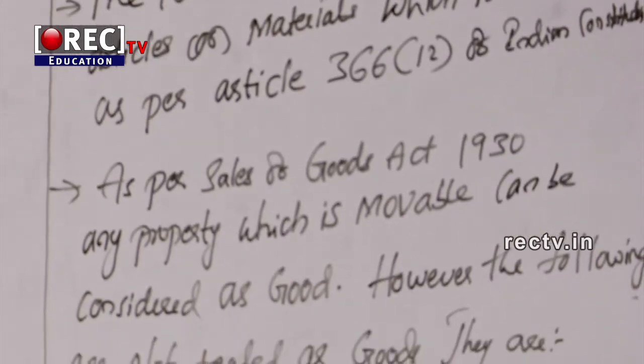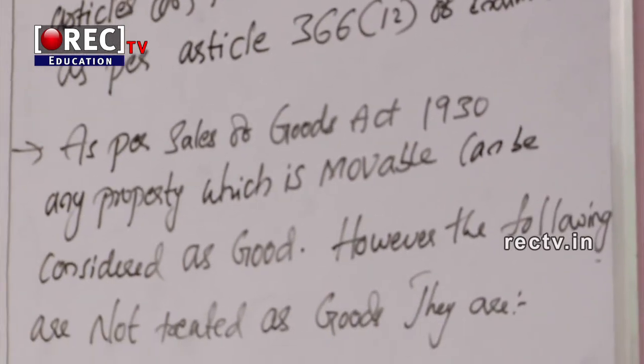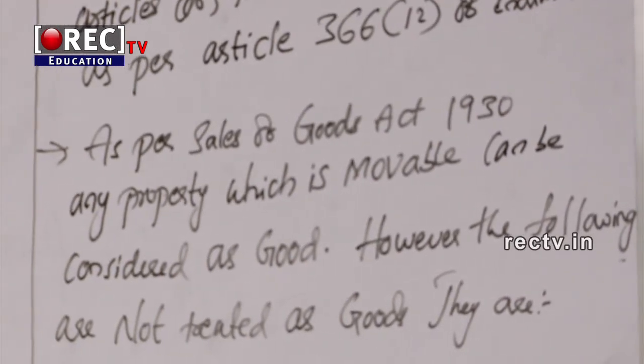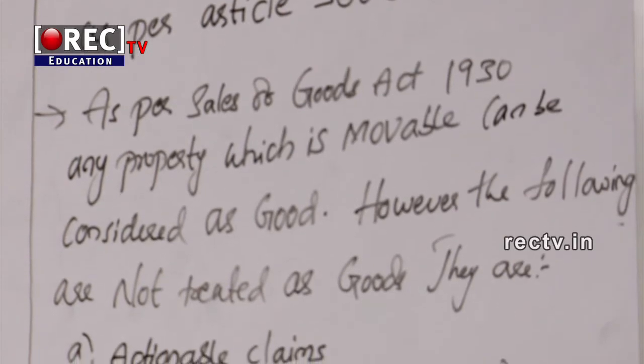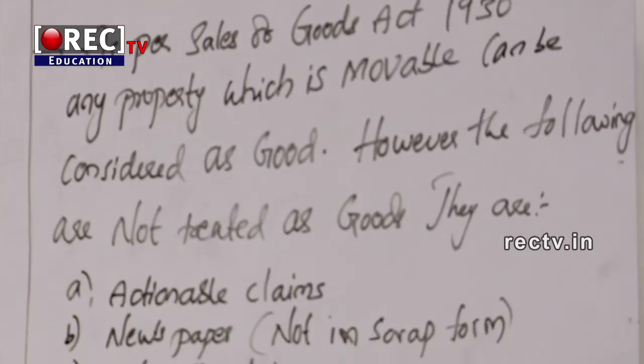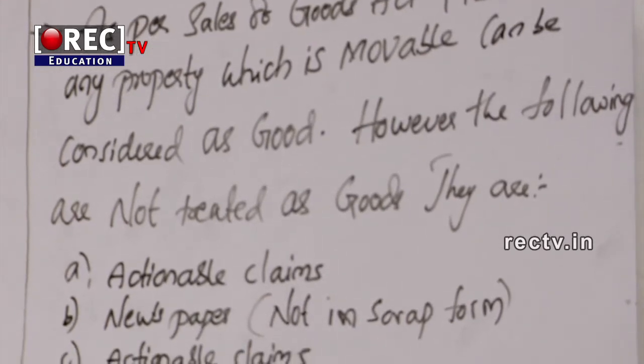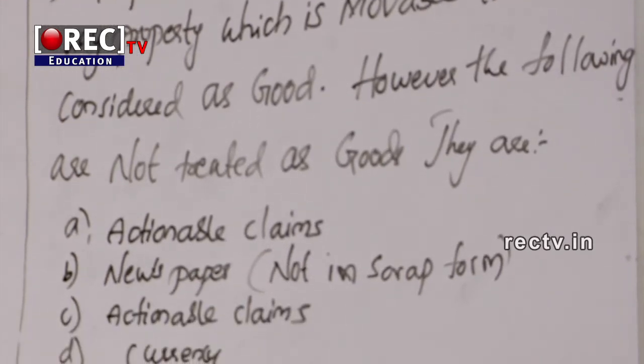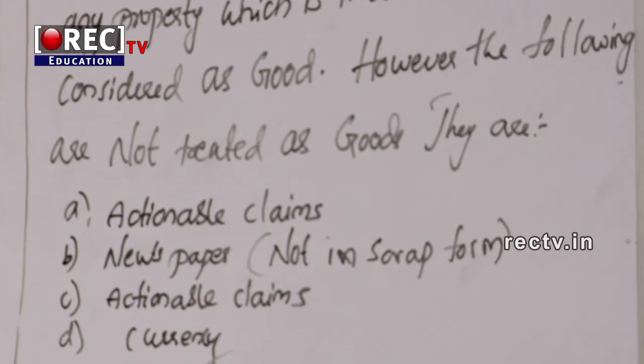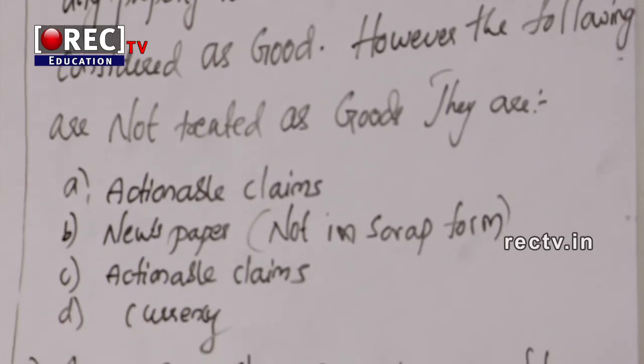However, the following are not treated as goods in the Sale of Goods Act: actionable claims, newspapers not in scrap form, and currency.